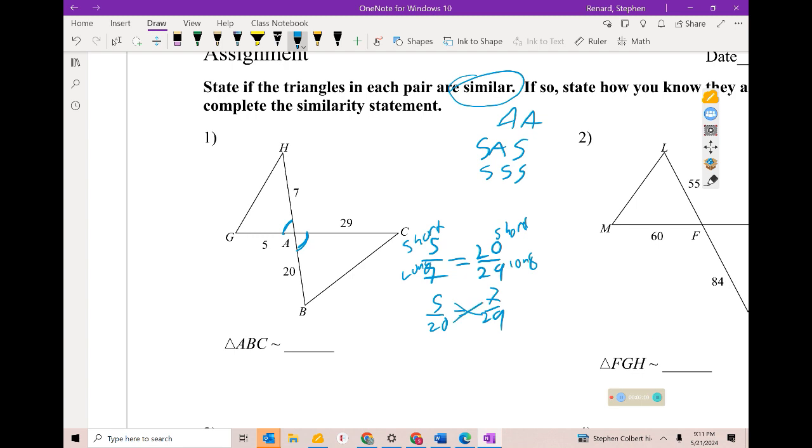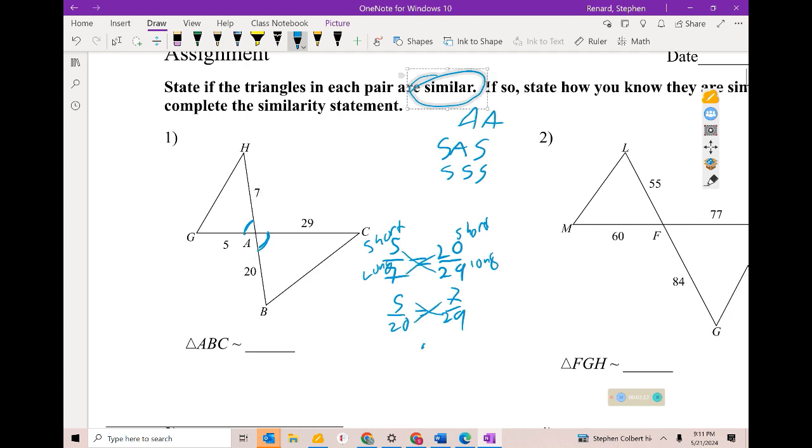Notice either way, when we cross multiply, we end up with 5 times 29 equals 7 times 20. So that's going to give us 145 equals 140. That is not true, so we can just say no here. Okay?